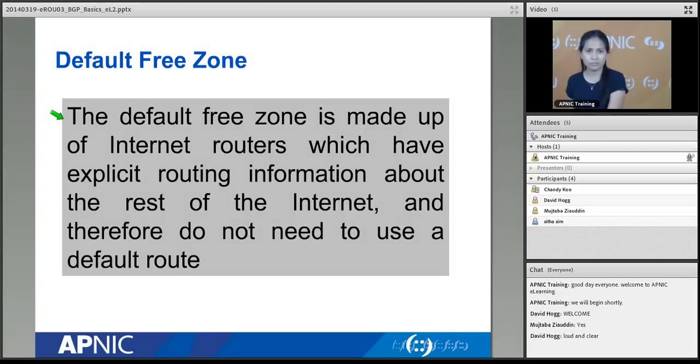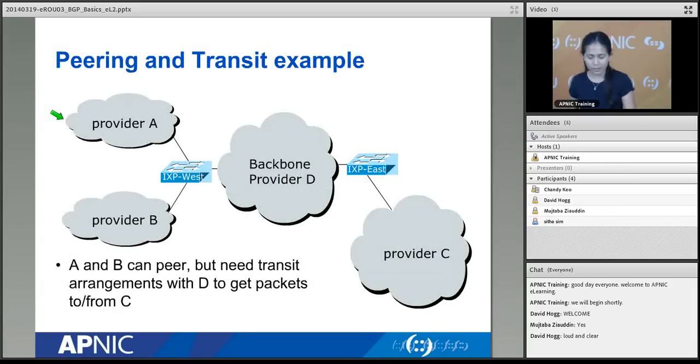I don't need a default route. I don't need that backup line that says if I don't know, it goes through here, because I have information of the rest of the internet. That means having a list of the entire global routing table, which right now is at about 450,000 prefixes.